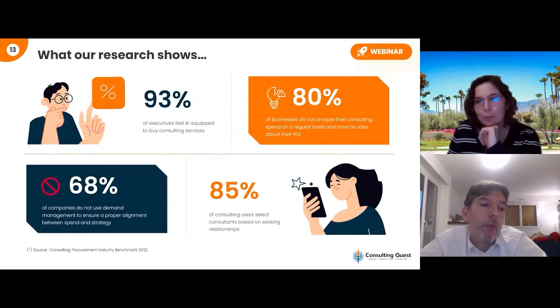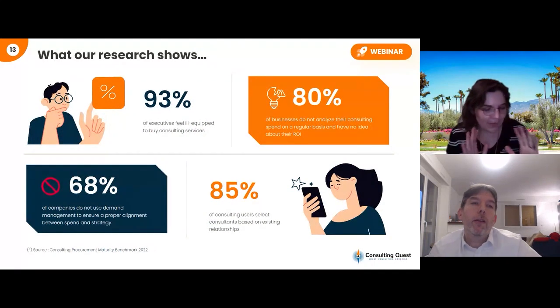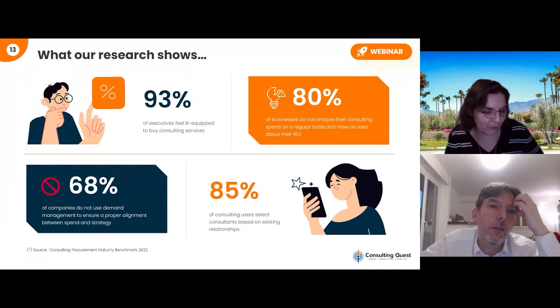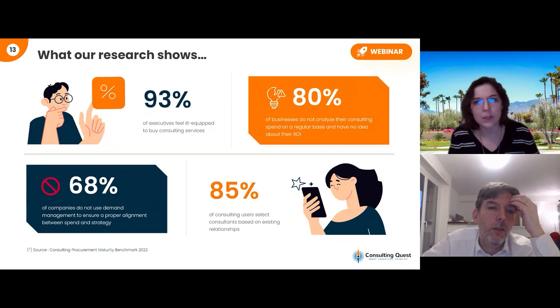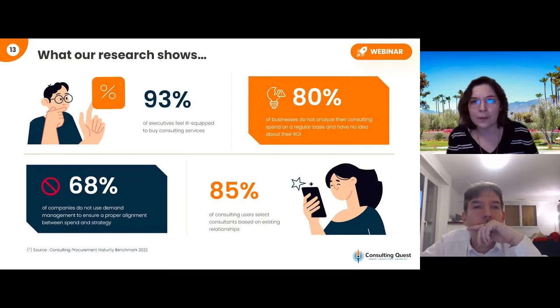So I wanted just to do a little snapshot of what we've seen in the survey. We launched a survey this summer to see where companies stand on their consulting sourcing maturity. And what we saw is that a lot of companies are not even using some basic tools that really could make a difference in the way they manage consulting.